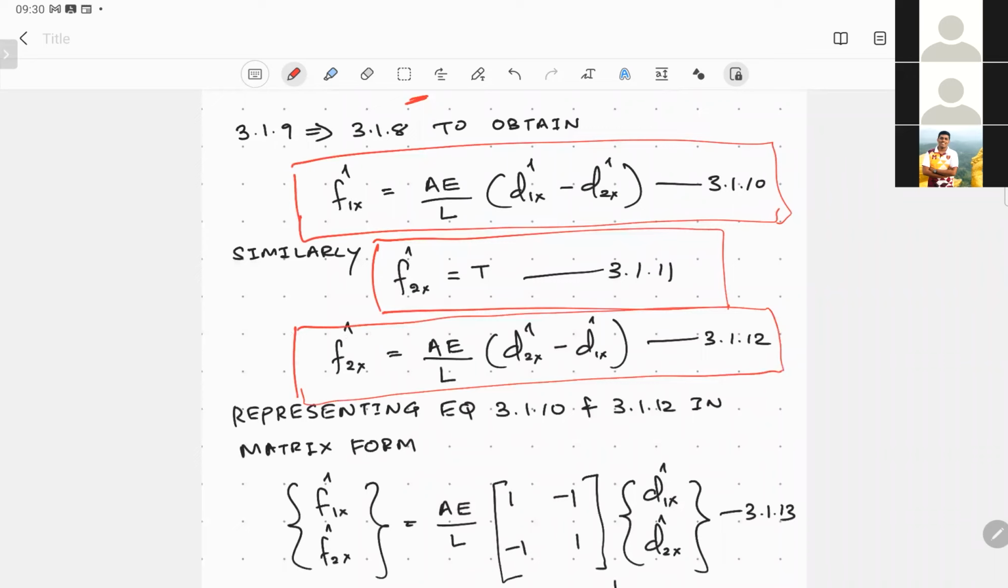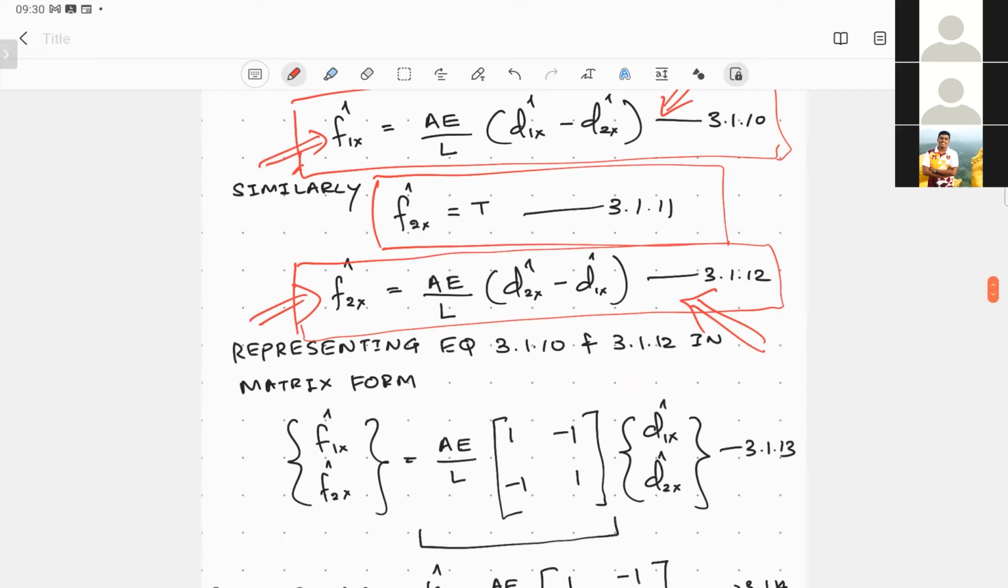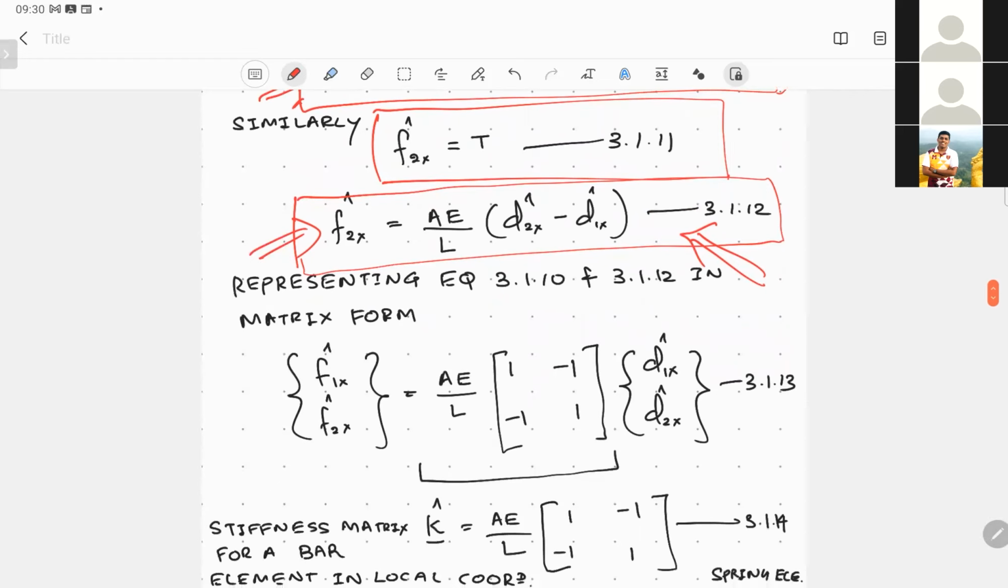You have nicely obtained two equations for the nodal forces acting in the local coordinate system, acting at node 1 and at node 2, and you have obtained them using the local displacements of nodes 1 and 2. Now it's nothing but arranging these two equations into the form of a matrix.